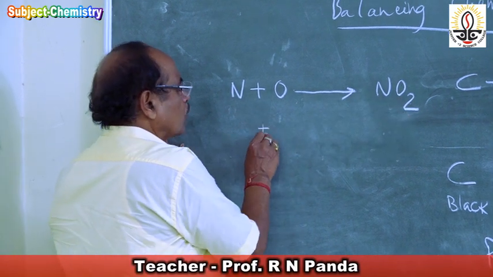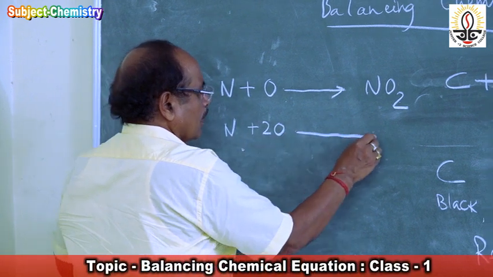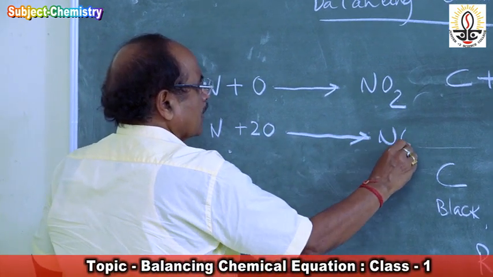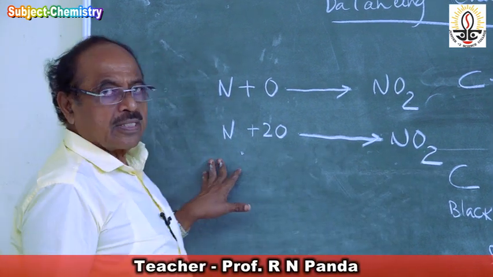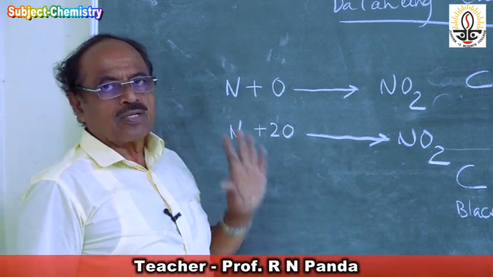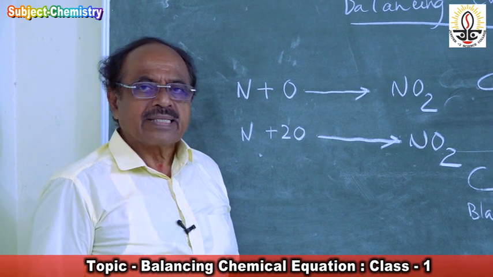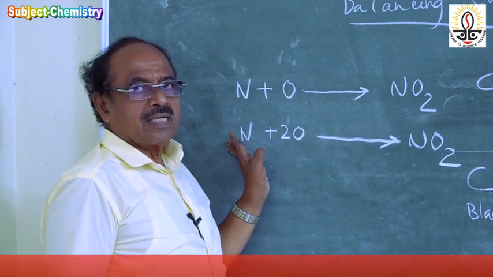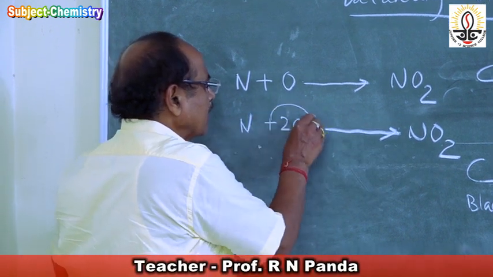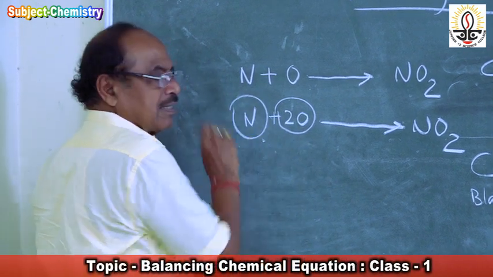So we write two atoms of oxygen react with one atom of nitrogen to form nitrogen dioxide. This is a chemical equation, but not a balanced chemical equation. Somebody may say, sir, two atoms, two atoms, one atom, one atom. Yes, but these two atoms never remain like this, and this nitrogen never remains like this.